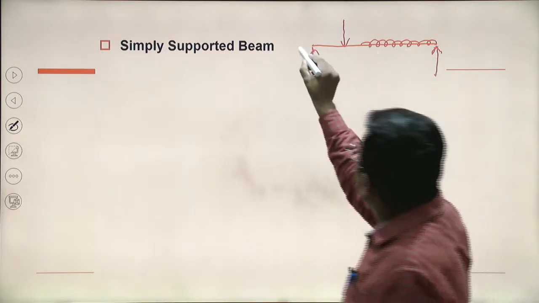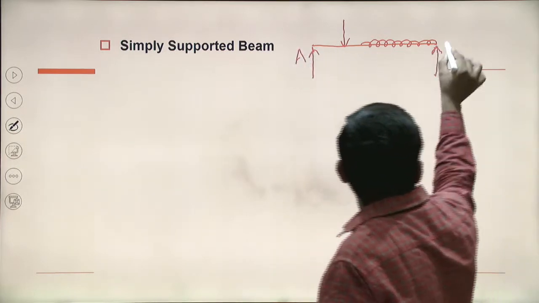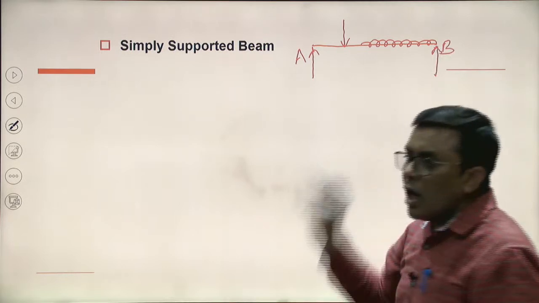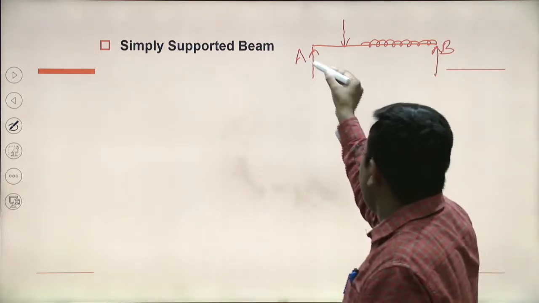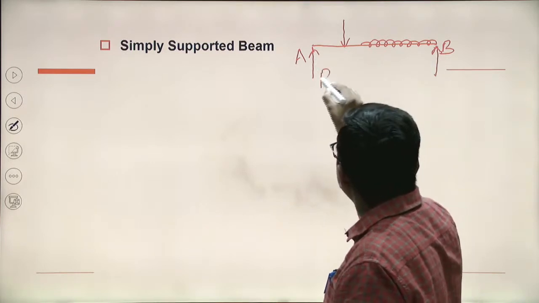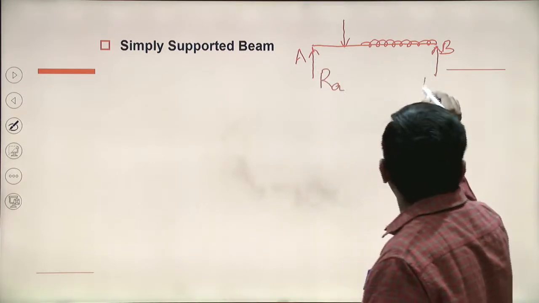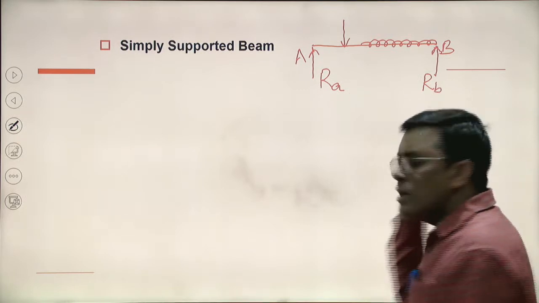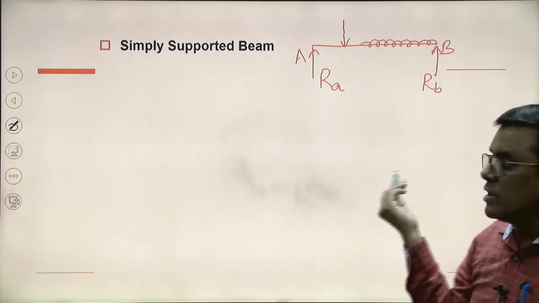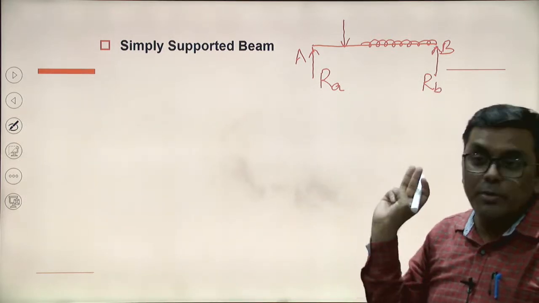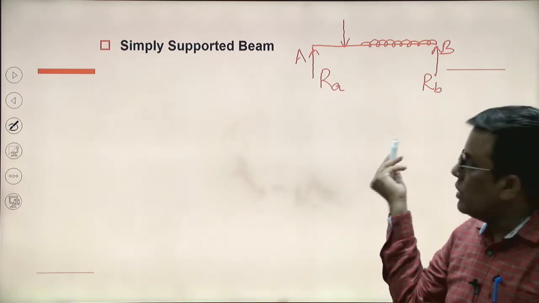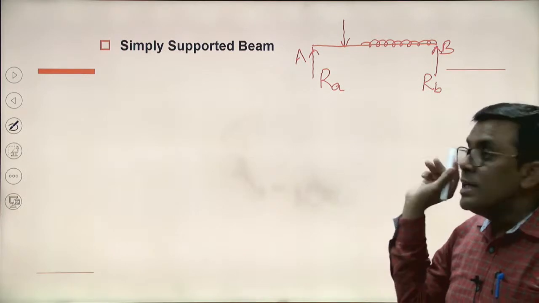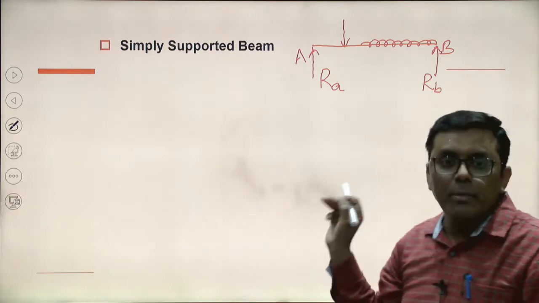So this is point A and this is point B. How many support reactions are we observing here? As two supports are there, two support reactions will be there, RA and RB. How many conditions of equilibrium do we have? We have three conditions of equilibrium. So easily we can determine these two reactions. So it comes under the category of statically determinate beam.